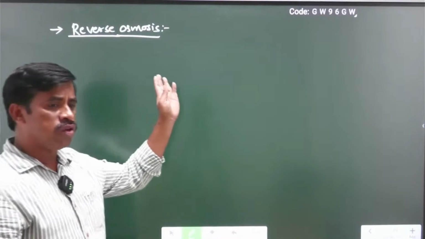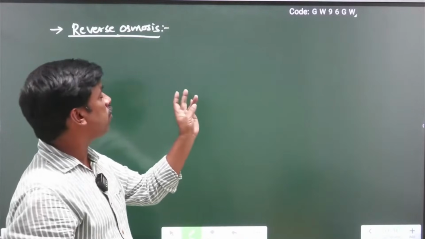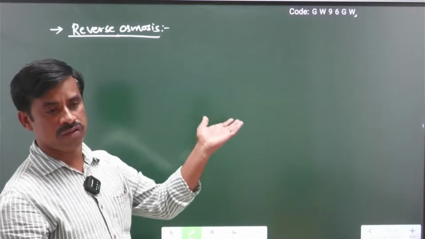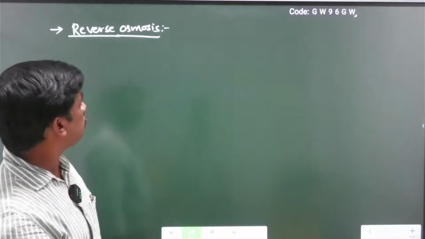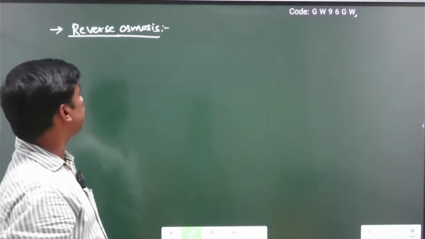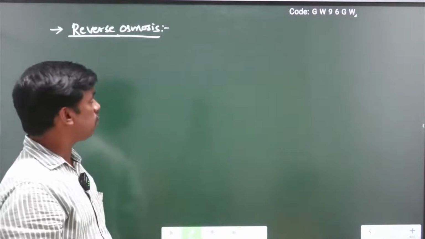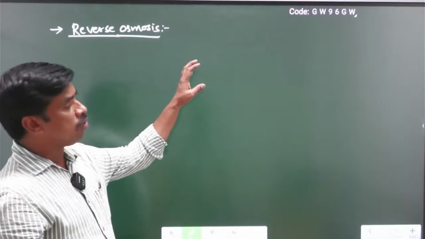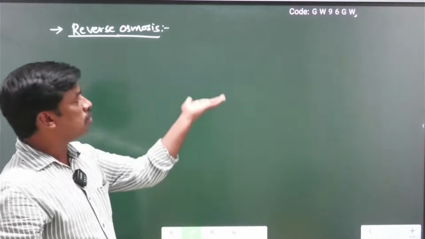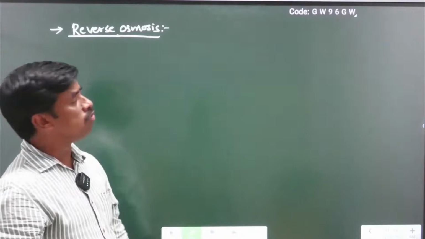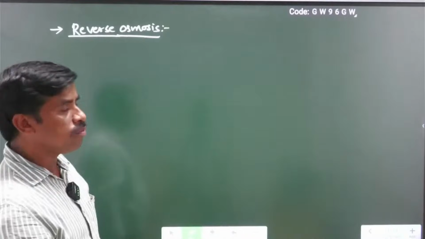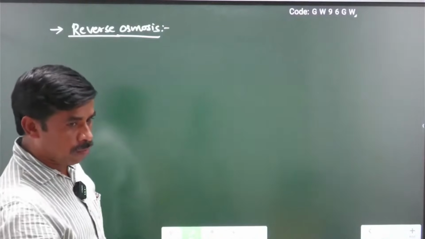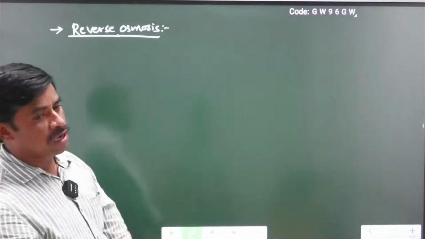The process of diffusion of solvent molecules from lower concentration to higher concentration through a semi-permeable membrane is known as osmosis. But here our topic is reverse osmosis.